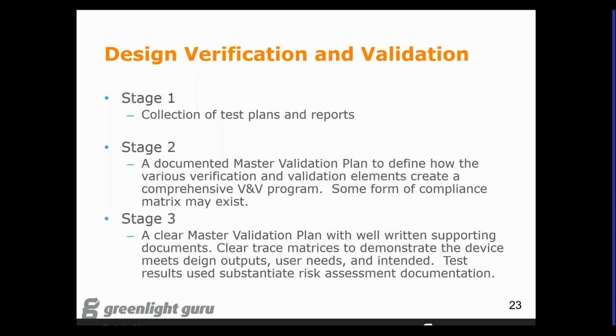You will see that the test results are used to inform the expected occurrence rates within the risk files. Again, the most mature systems are really working on the interconnectivity of these different elements.